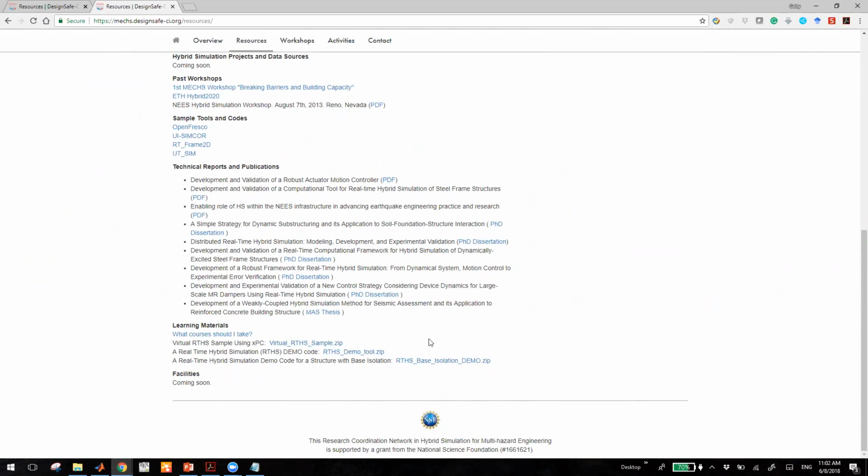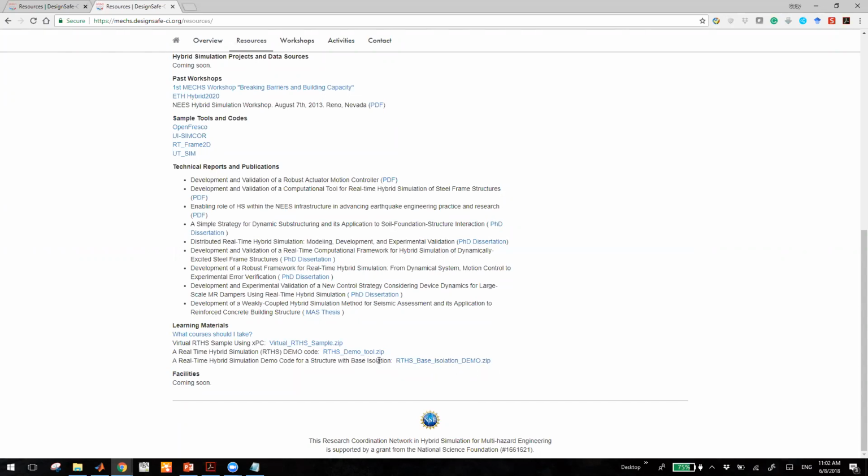I think currently it's more specific to real-time hybrid simulation. You can have a virtual real-time simulation running using the real-time platform on Simulink, with real-time code running on your personal PC if you have MATLAB, Simulink, and the control toolbox installed.